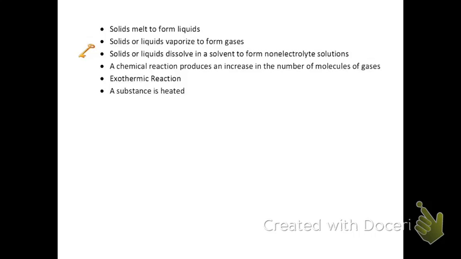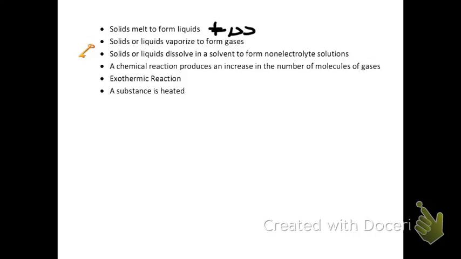And so we would simply say that the delta S for this is going to be positive. Okay, so a positive sign indicates that the entropy is increasing.